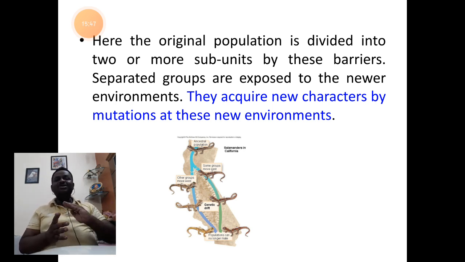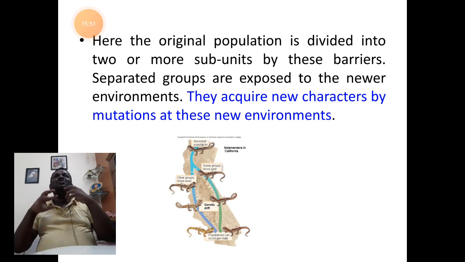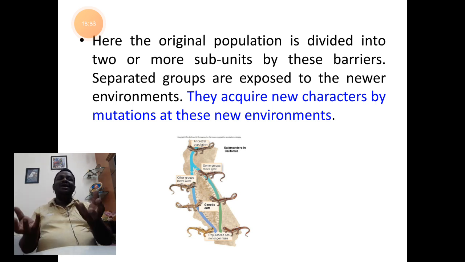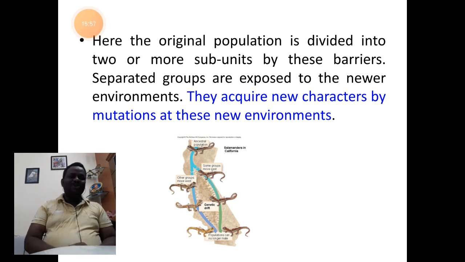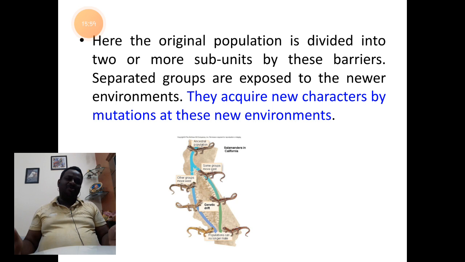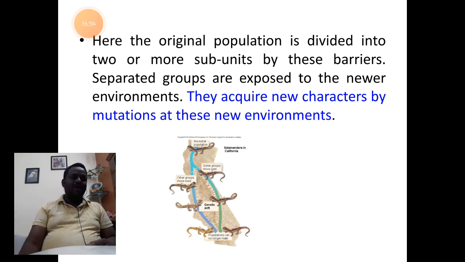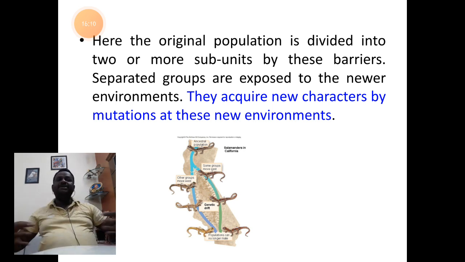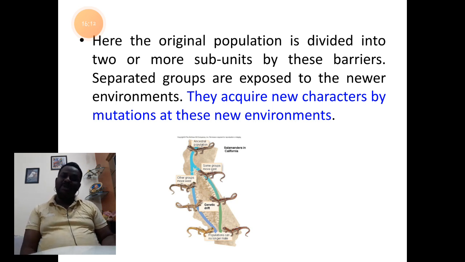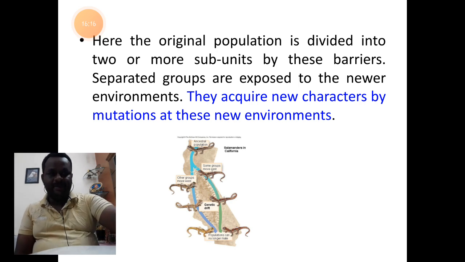Number three, the organisms in the newer places tend to acquire newer genetic characters and become new species. So this is how geographical isolation brings in the process of speciation. Down in the picture, we can see how this group of lizard family is getting divided into two different species by means of the physical barrier of a river here.